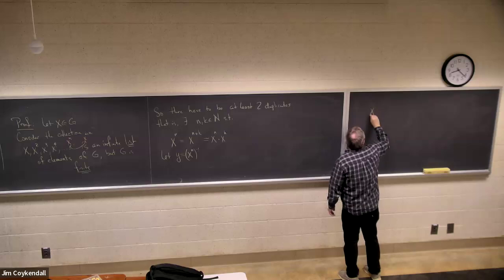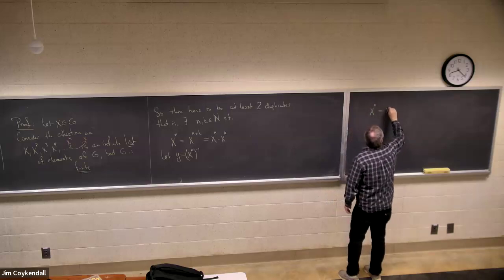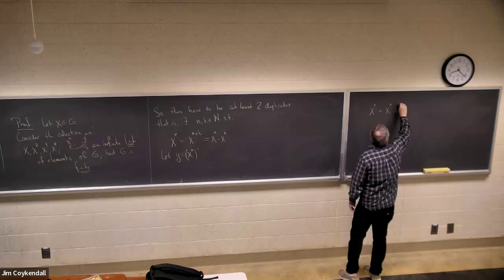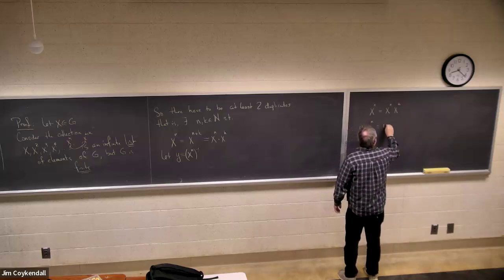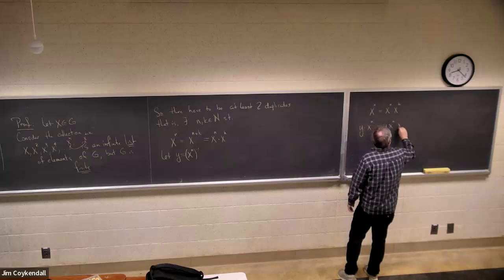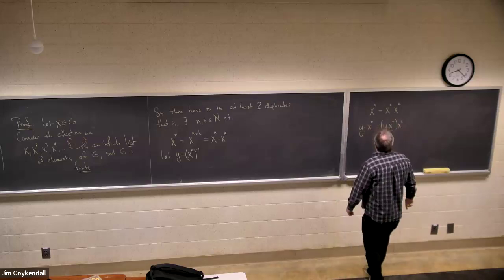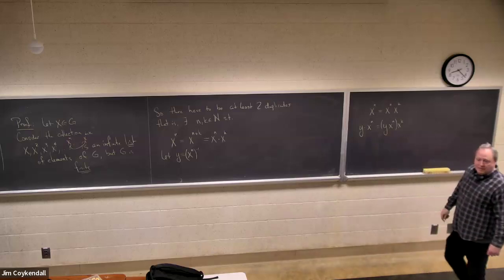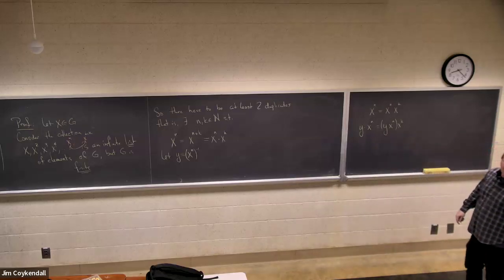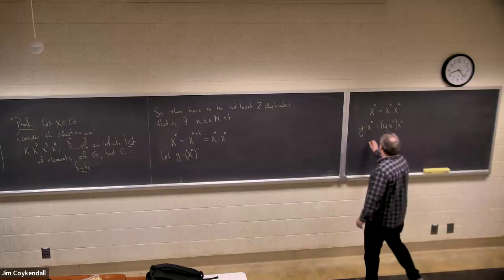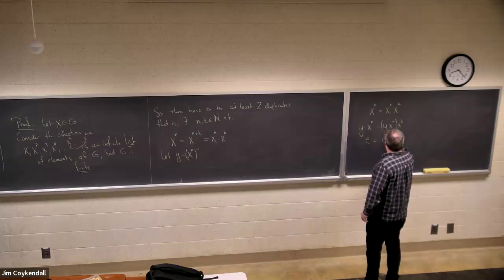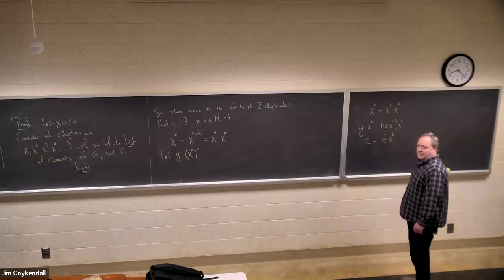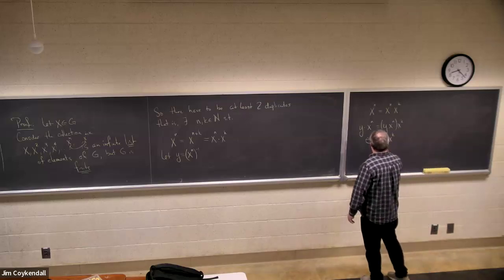So let's multiply this by y. What's y times X to the n? It's the identity. And that's going to be the identity times X to the k. So look at what this tells me.